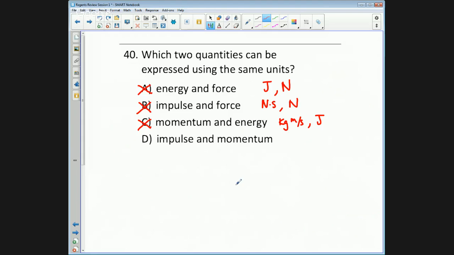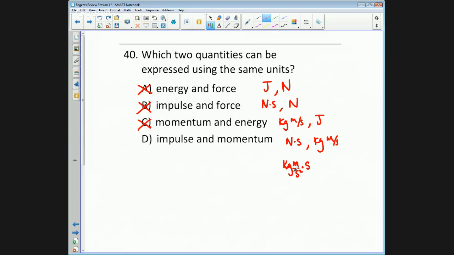Impulse and momentum have Newton seconds and kilogram meter per second. We need to figure out if these are equal. Obviously, this is the correct answer, but let's just check to see if they're equal. A Newton is a kilogram meter per second squared, times the second.